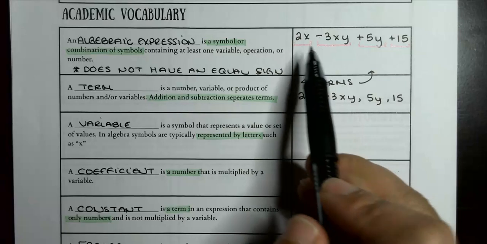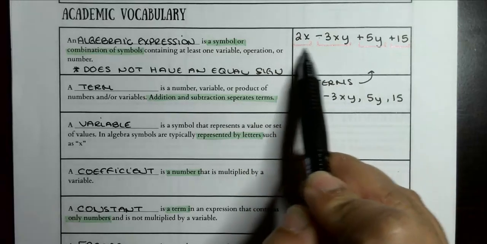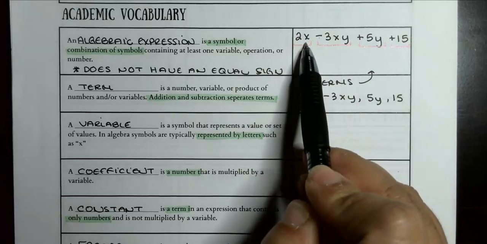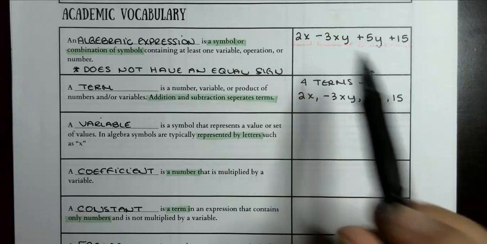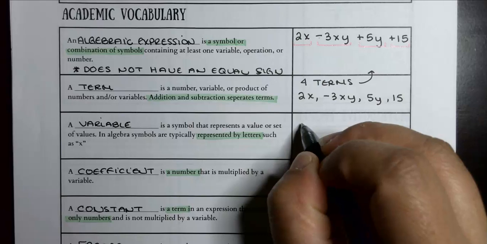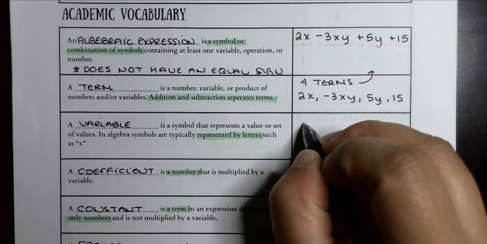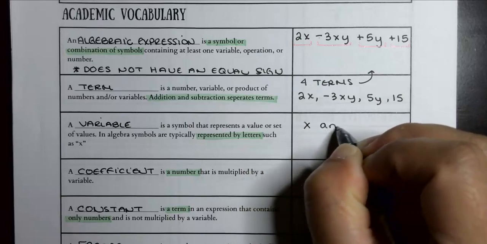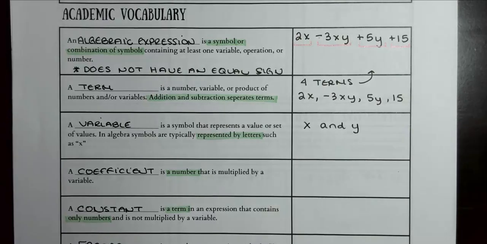If you look at our original expression, we have an X, we have Y's. So we're just pulling out all the letters. An example of a variable is X and Y. And remember that a variable can be any letter in the alphabet. It can also be a symbol that is not a letter.